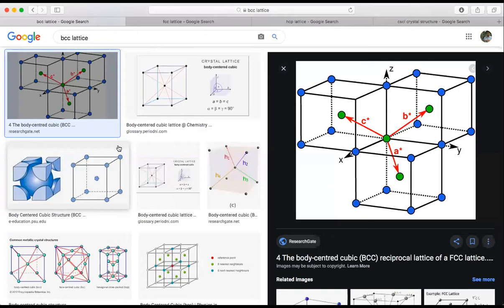Okay, so I have talked about this before also, but let me show you once again. This is an example of a BCC lattice, as you can see. The blue atoms are at the corners of the cube, and the green points are at the body centers.